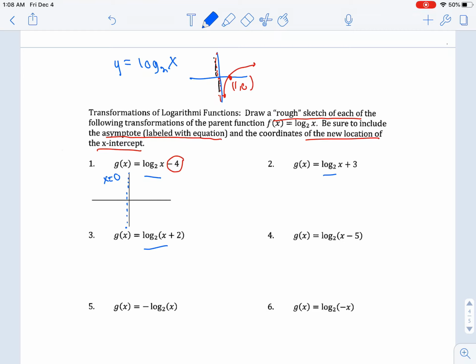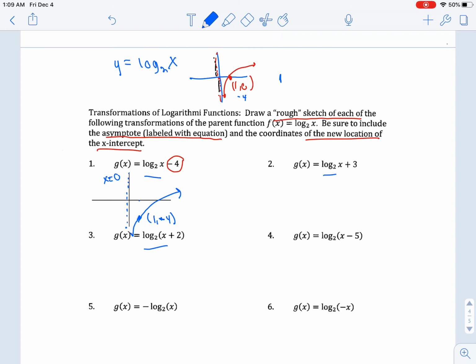But what used to be at 1, 0, when I move things up and down, I'm changing the y values. So I subtract 4 from the y value and end up with 1, negative 4. It used to be at 1, 0. Now it's at 1, negative 4. The graph will still have this as an asymptote, and it's going to go like this.